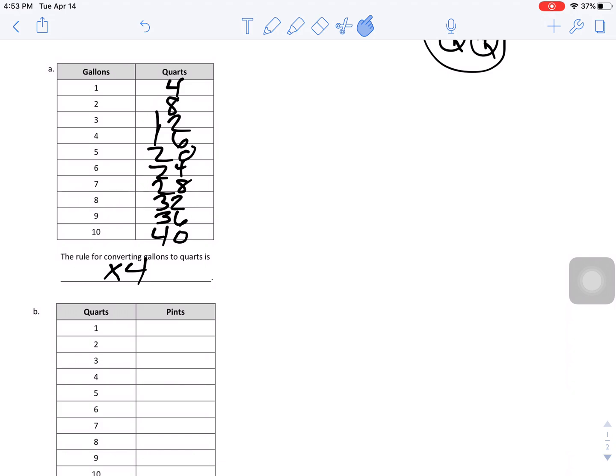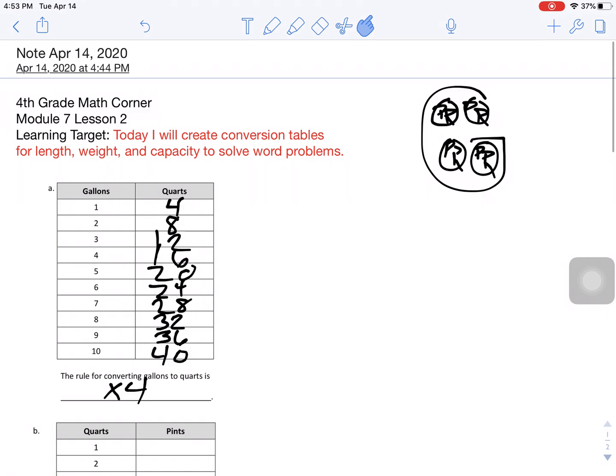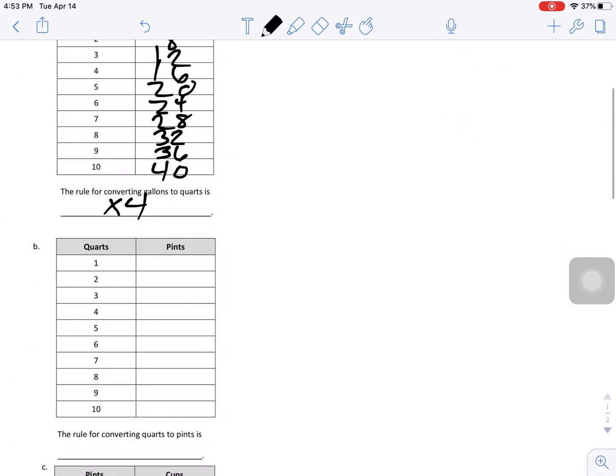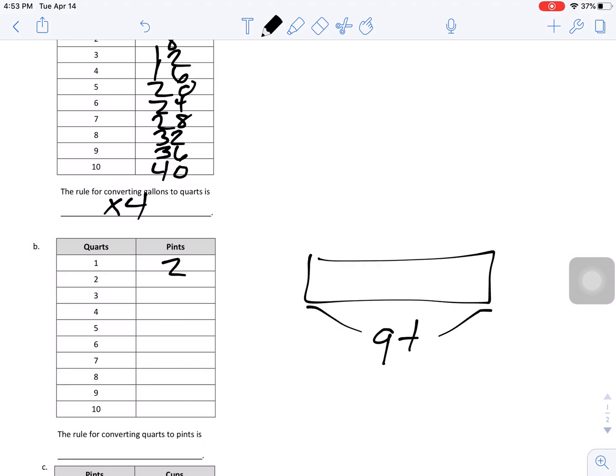The next one is going from quarts to pints. And if you look at my gallon castle above, the gallon holds 4 quarts, and each quart has 2 pints. So for every quart, there are 2 pints. So if this was a quart, and the abbreviation is QT, quart, it has 2 pints in it.